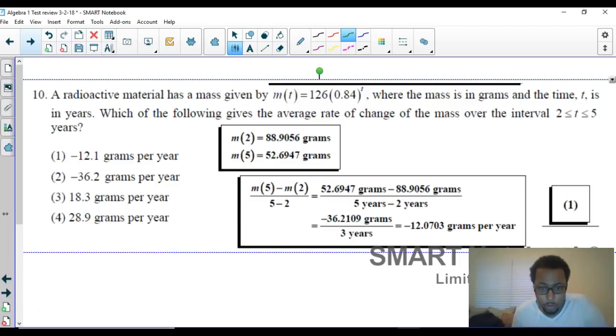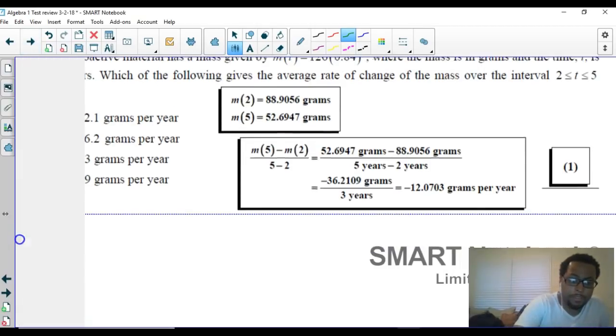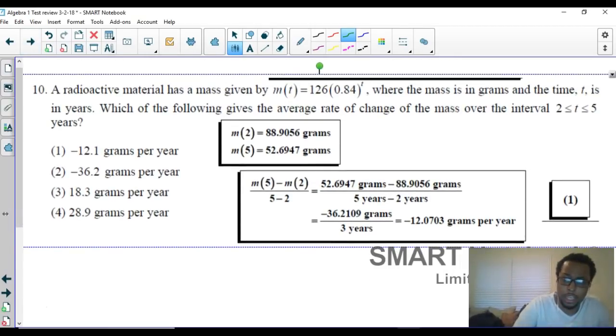Okay, so how do we figure this out? We got 5, we got 2. So guys, it's simple. This is a rate of change question. Rate of change meaning we have to kind of solve. So t is our time. We have two things. We have t is 2 and t is 5. So for the first one, we simply plug it in.